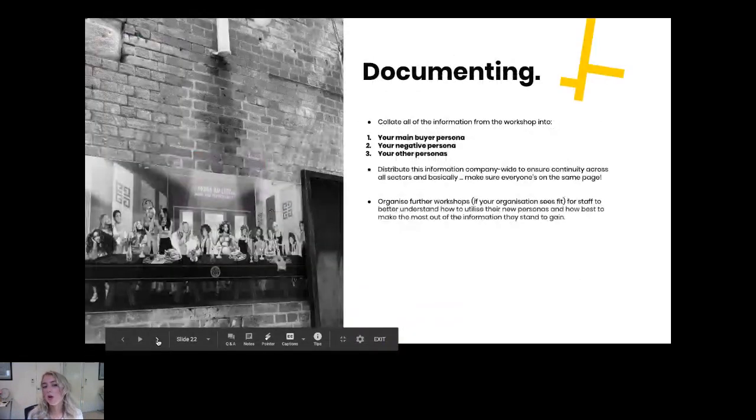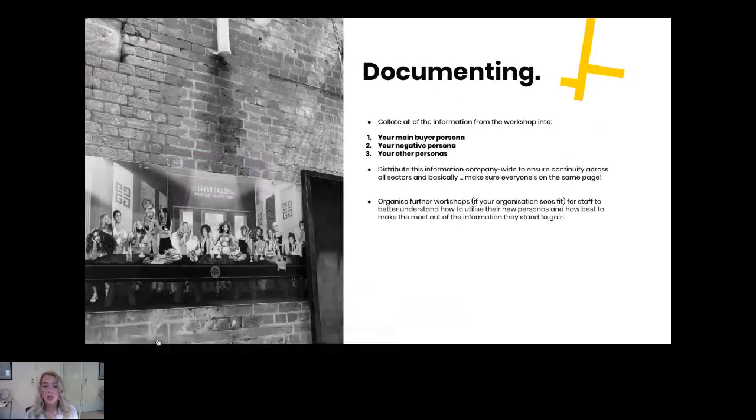So once you've got all your stuff ready, you want to collate all of this information from the workshop into a main buyer persona, a negative persona, and your other personas. You want to ensure that you distribute this information company-wide to ensure continuity across all sectors, and basically just ensure that everyone's on the same page. This is super important.